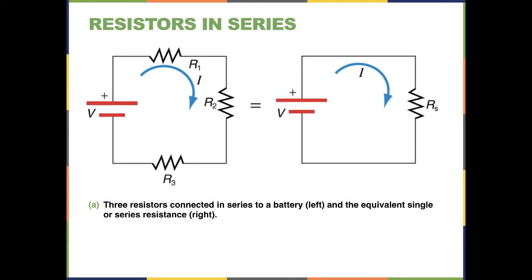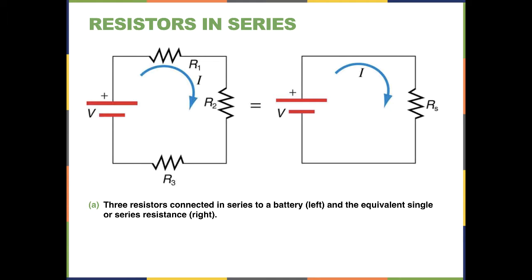Now, here's an arrangement of three resistances in series. On the left, you see that the voltage or power source is shown and the direction of current is shown. On the right is a situation where you substitute the three resistors with what is known as an equivalent resistance.